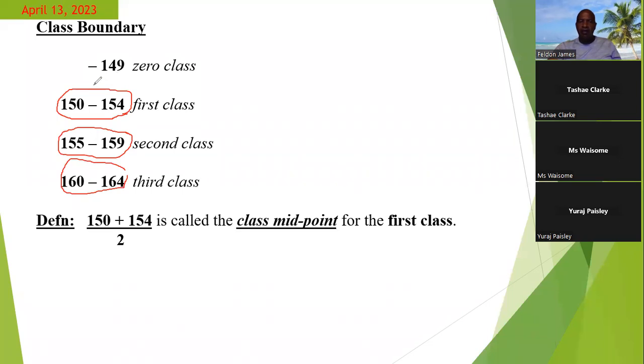And if you divide that 1 by 2, so divide it into 2 equal parts, what do you get? 0.5. Right, so it means that you would add 0.5 to the 149, so the boundary value would just be 149.5. So this would have 149.5.